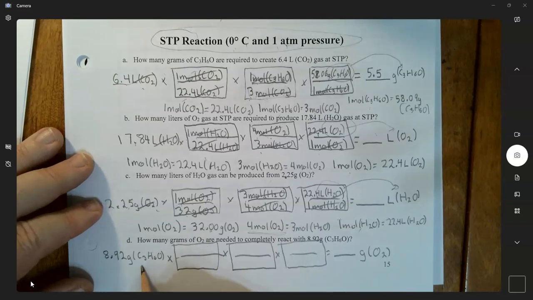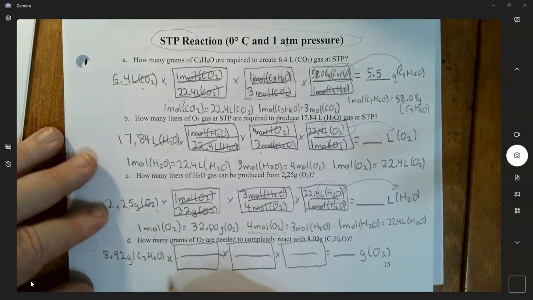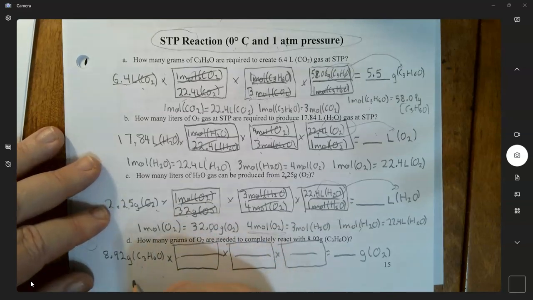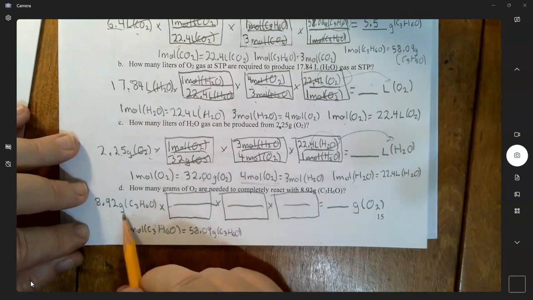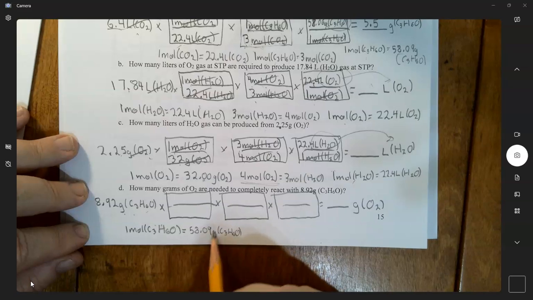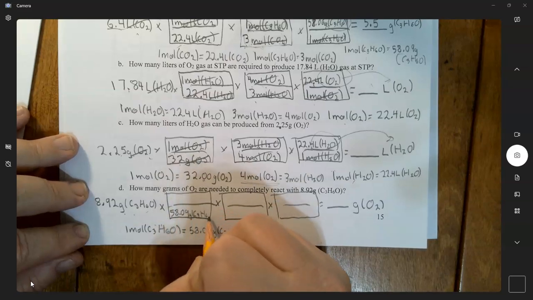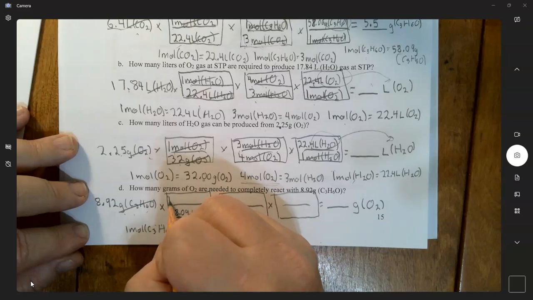First it's grams of C3H6O to moles, using molar mass. We need grams of C3H6O to cancel, so this one goes on the bottom and the mole goes on top.